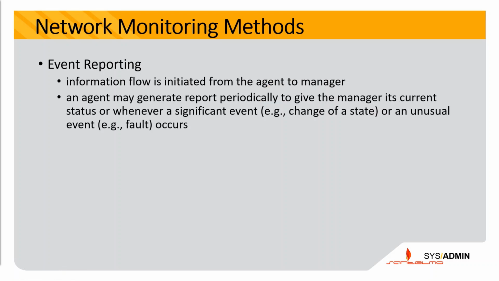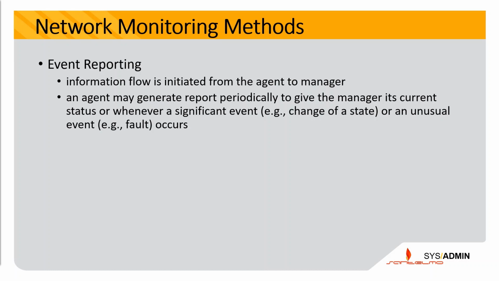An agent may generate a report periodically to give the manager its current status, or whenever a significant event happens. For instance, due to intermittent interfaces, your serial 0/0/0 goes down. After a second, it went up.